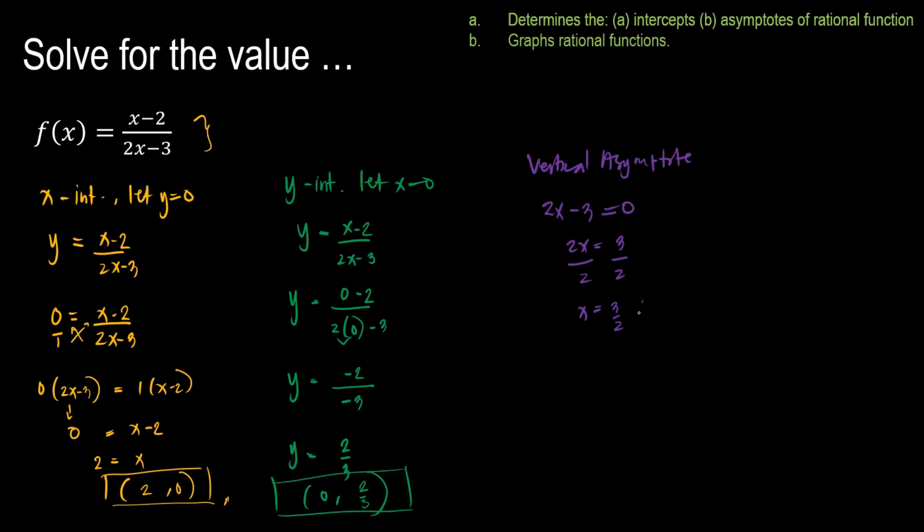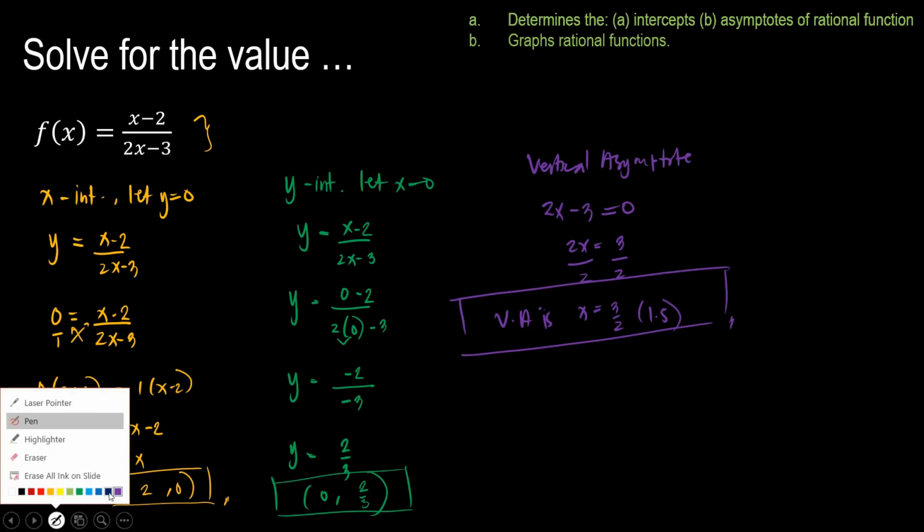So 3 halves is also equal to 1.5. Okay, so that is our vertical asymptote. So the vertical asymptote is x is equal to 3 halves or equivalent to 1.5 in decimal.